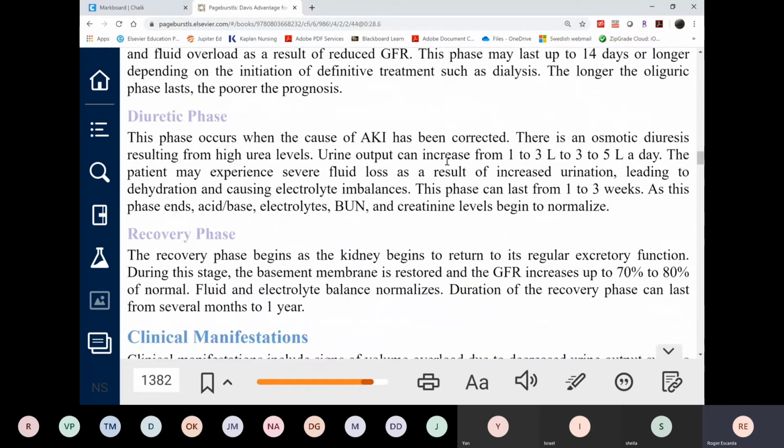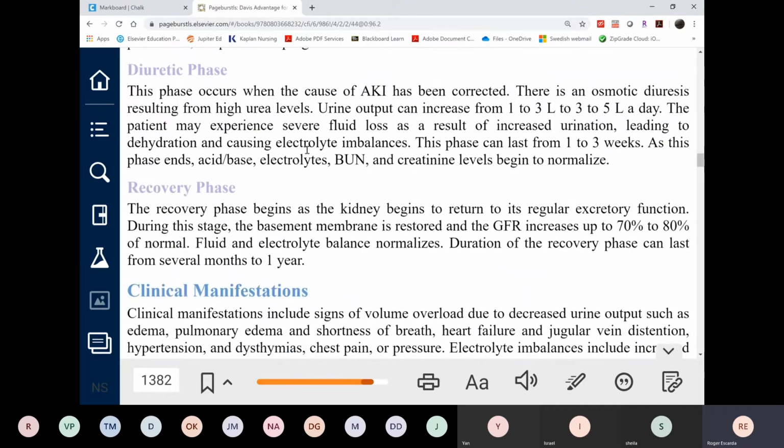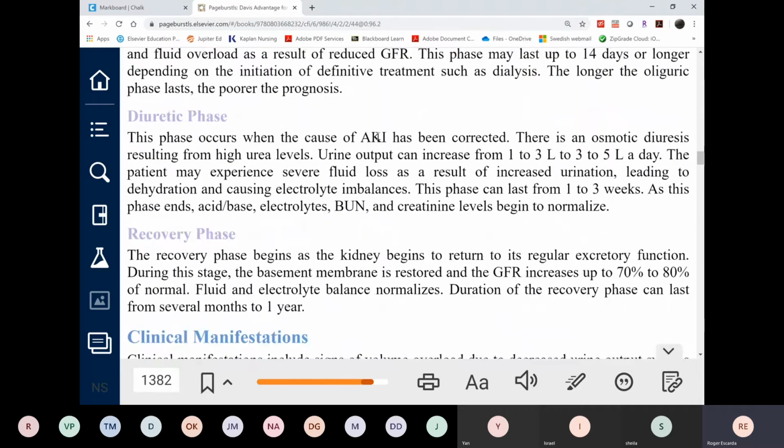When the patient enters the diuretic phase, you must identify this phase. That way you can call the doctor, because now do we need to continue the fluid restriction, the blood pressure medications, the sodium and electrolyte restrictions, the diuretic therapy? Do we need to continue that once the patient enters the diuretic phase?